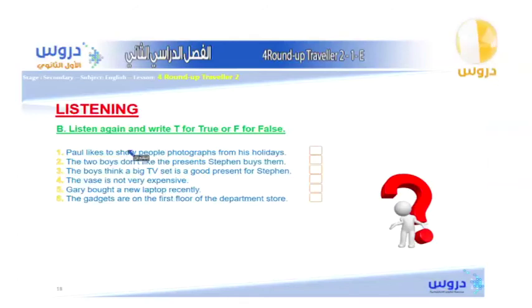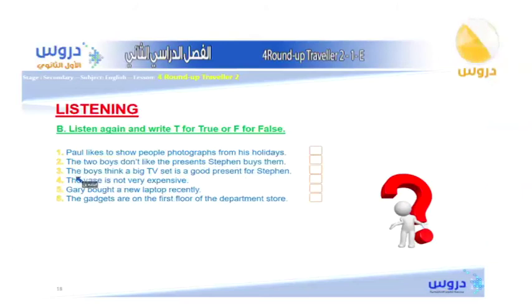Okay, shall we move to the questions, T or F? You have to decide if the sentence is true or false. Starting with number one: Paul likes to show people photographs from his holiday. Is it right or not? Number two: the two boys don't like the present Stephen buys them.